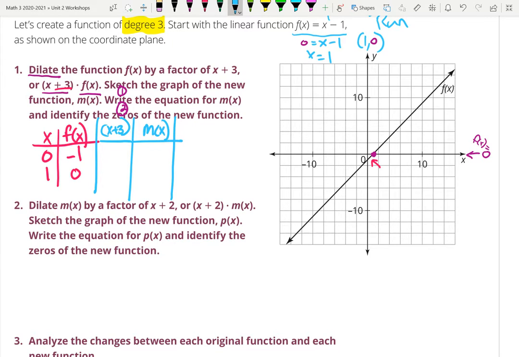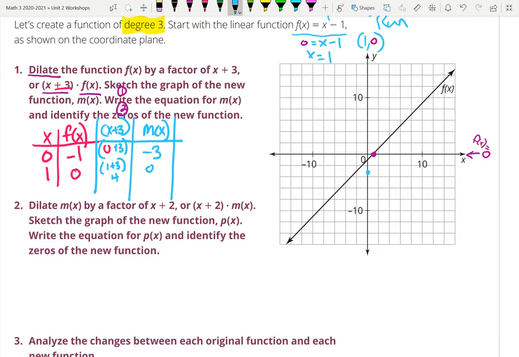So what was x? 0 plus 3 is going to be 3. Negative 1 times 3 is negative 3. So the new output for 0 will be negative 3. Okay, let me do it again for the 0. Notice 1 plus 3 is going to be 4. 4 times 0 is 0.